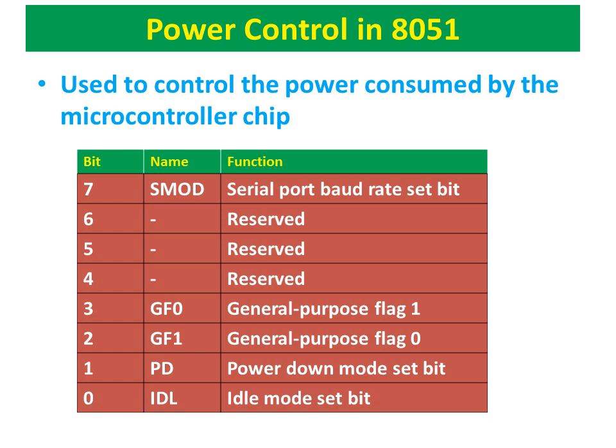The baud rate is how many bits are transmitted by this 8051 per second. To set it, this bit is set to 1, the serial port baud rate set bit. If this bit is set to 1, the baud rate is doubled. Like that, the PCON register is used in the 8051 microcontroller.